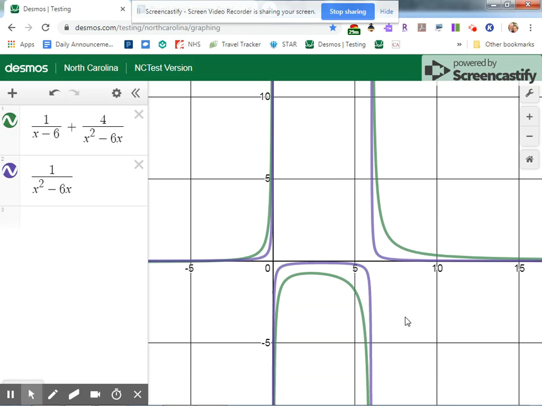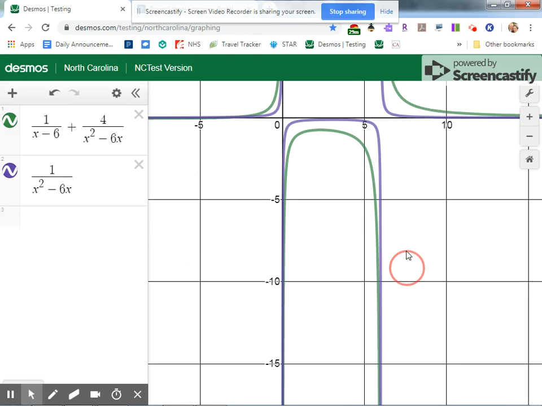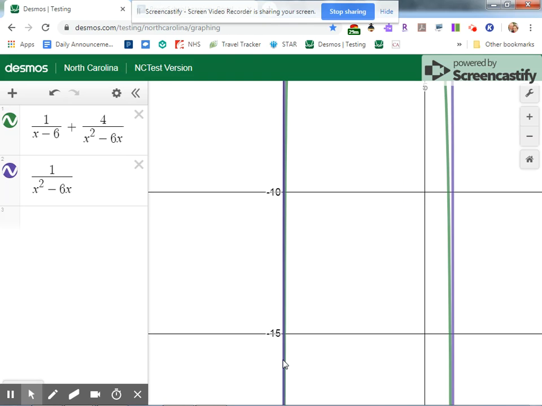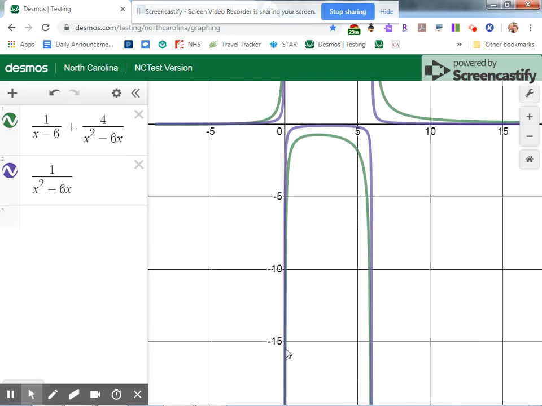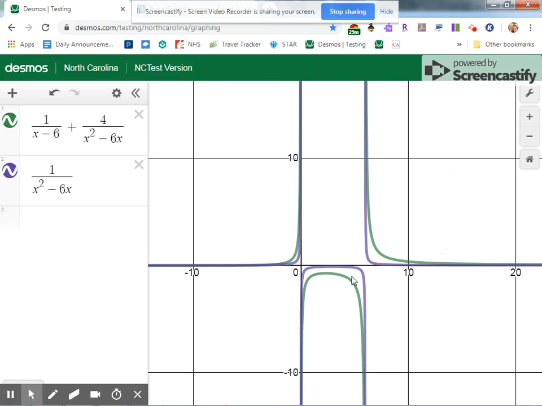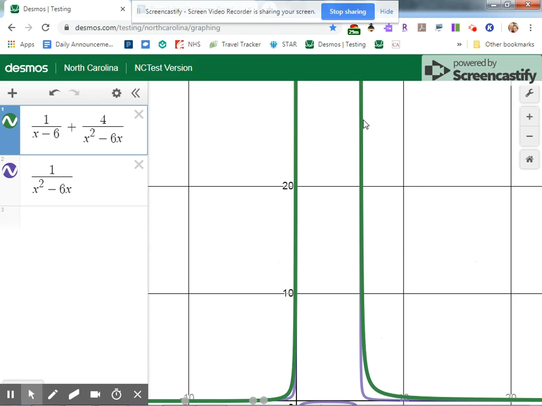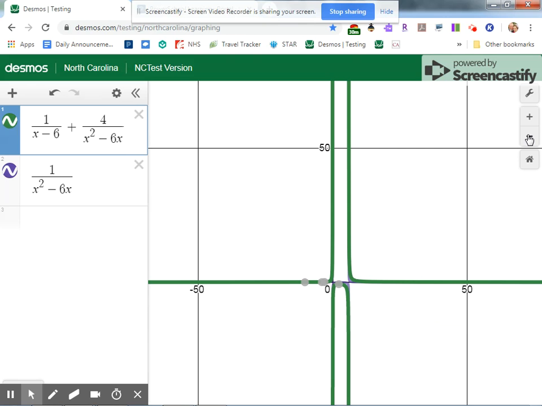But if I look at my graph, there's nowhere else where these are going to intersect. If I look at this piece right here, the green one is always inside of that purple one. It does get close right here, but that's partially because I'm in projector mode, so my lines are thicker. Same thing over here. They get close, but if I click on the green one, there aren't any gray points showing an intersection over there.